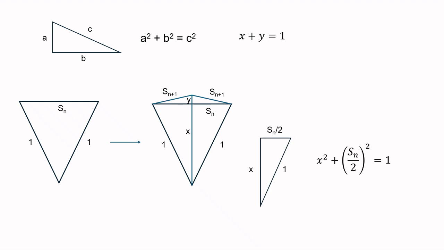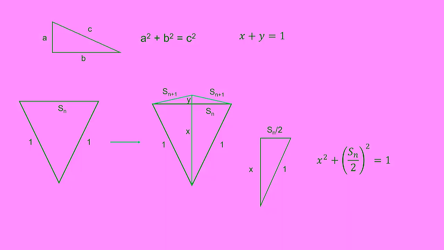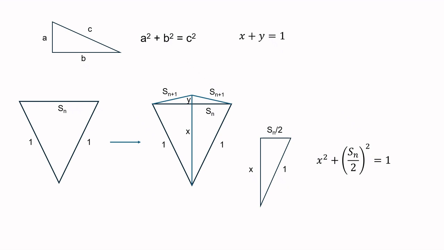Furthermore, we have two triangles. We have this larger triangle here within the original larger triangle, which is a right triangle, which has adjacent sides with length x and length Sn over 2 and a hypotenuse of 1. So we apply Pythagoras' law, x squared plus Sn over 2 squared equals 1.